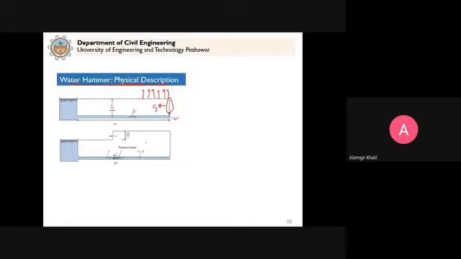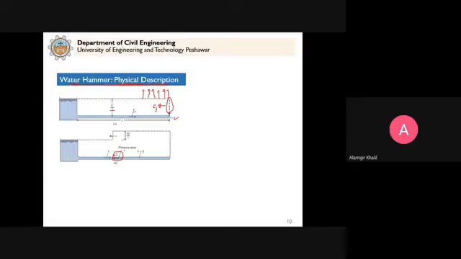This is what you see in this second diagram: as we suddenly close the valve, the increase in pressure occurs, and this pressure wave will travel with a velocity C, or Cj, you can treat the pipe as rigid, no problem.